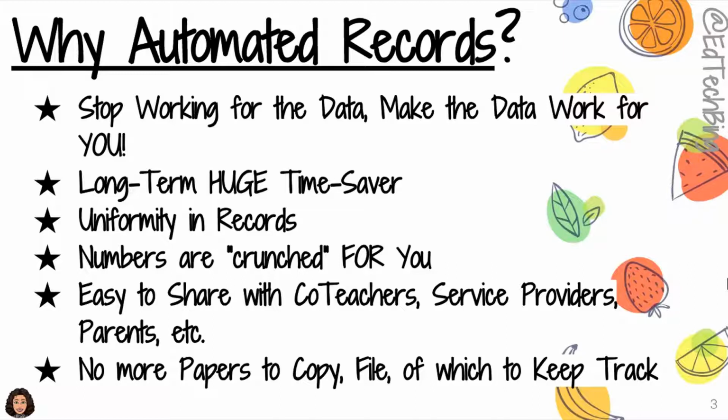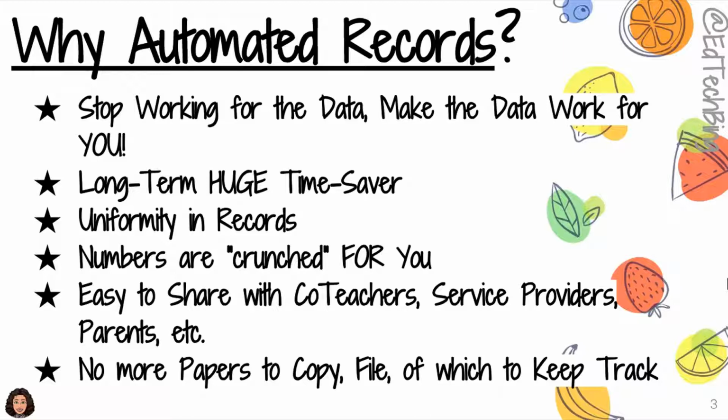There are long-term, huge time-saving benefits. There's uniformity in records. In Google Forms, the numbers are crunched for you. The individual student Google Docs are easy to share with co-teachers, service providers, parents, and more. No more making copies of, filing, or keeping track of papers.